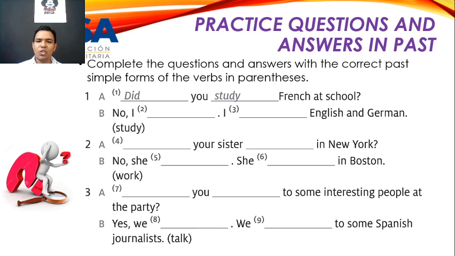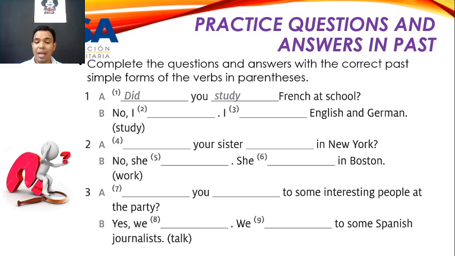For example, did you study French at school? Yes, I did. That's an affirmative short answer. Or yes, she did. Yes, we did. But if the short answer is negative, you need the auxiliary and also the word not. Did you study French at school? No, I didn't.